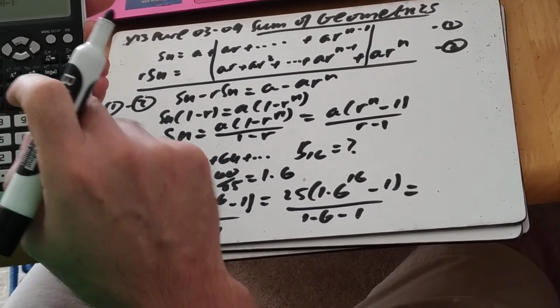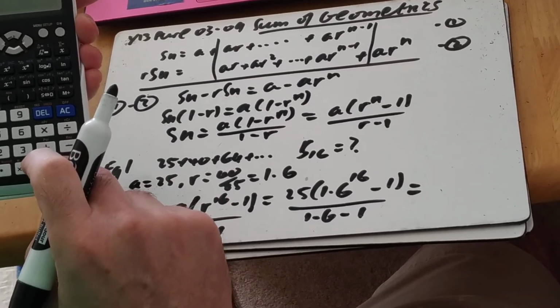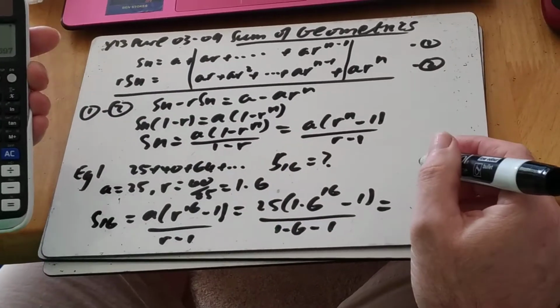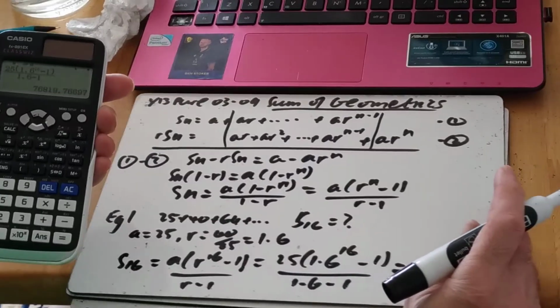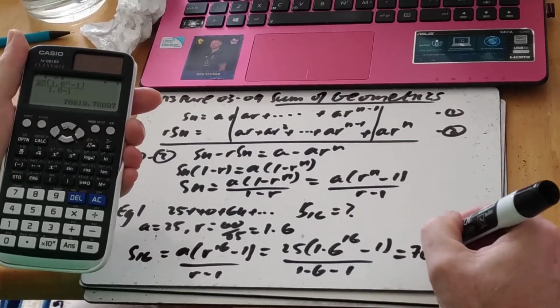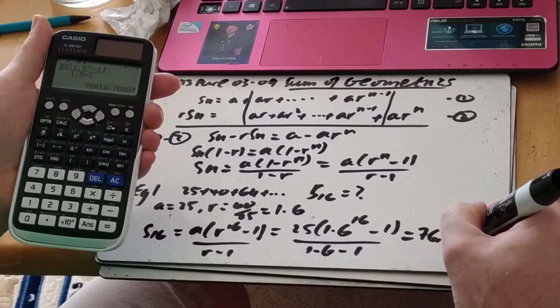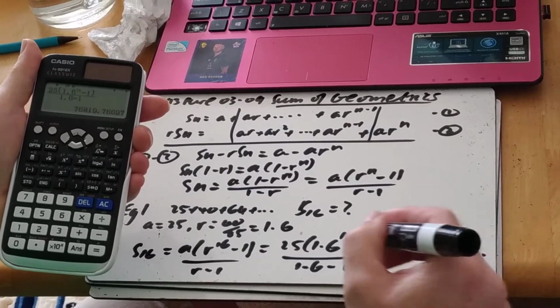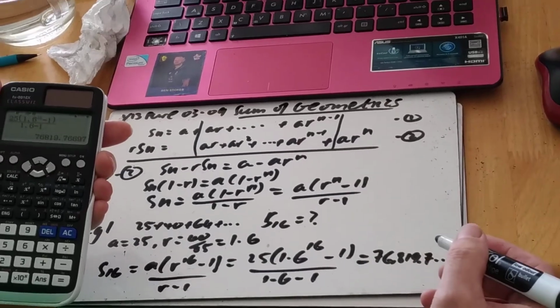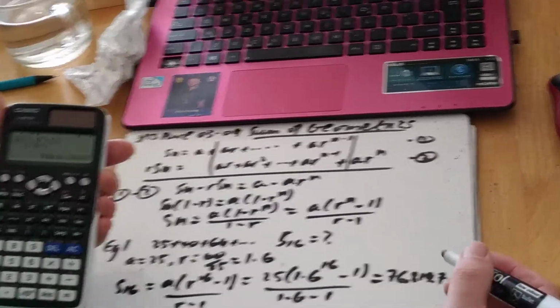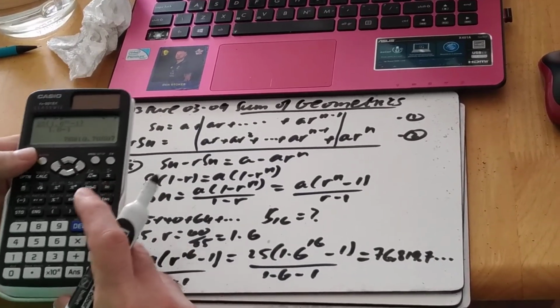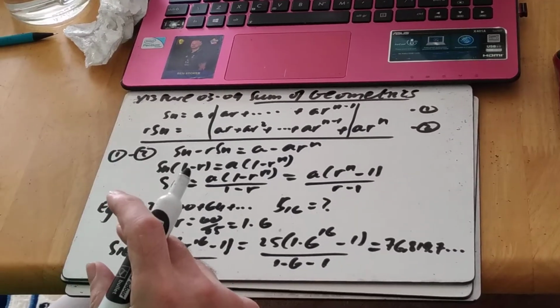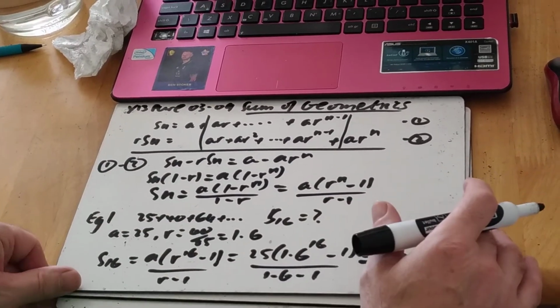I know I can work out the denominator myself, but it's nice to type in exactly as it is there, and I get, gosh, 76,819.7 something something, and so I could round it off to 0.8 or 0.77 or whatever's like that. So it's a rounding off at the end there. And that's all there is to it.